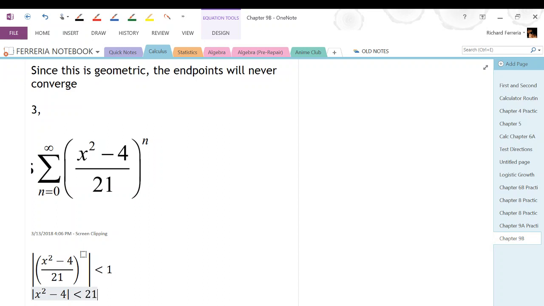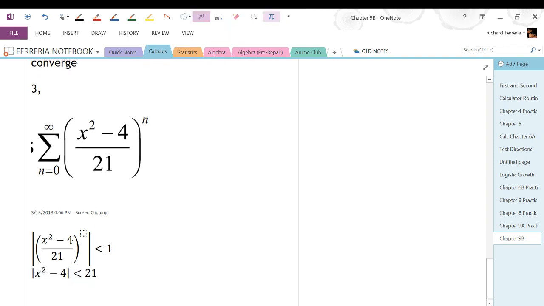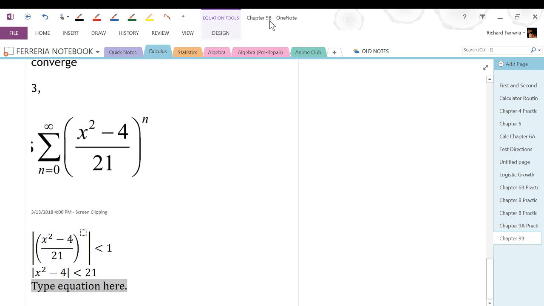And then this is one of those weird ones, right? It is indeed. So we're going to have to, what, negative 21 is less than x squared minus 4 is less than 21.